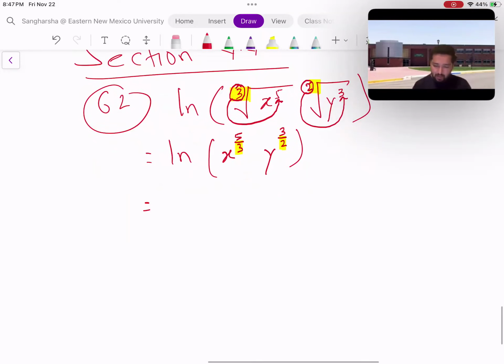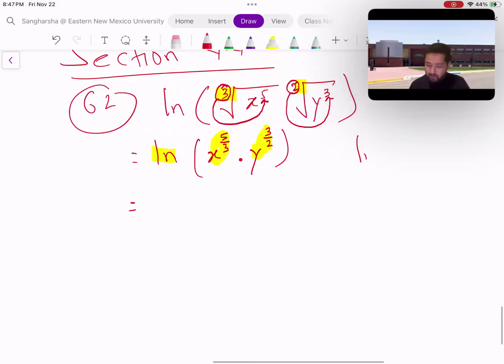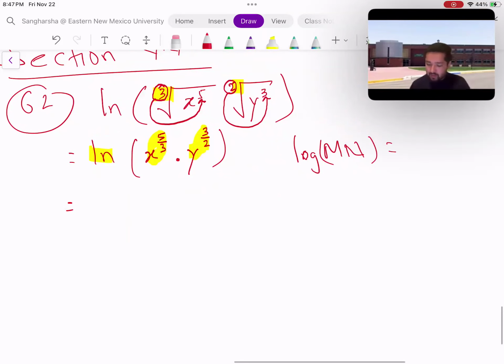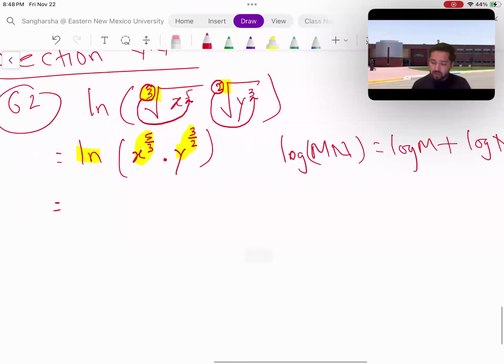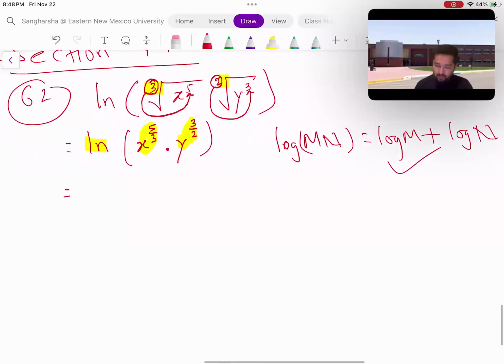Now here we have ln of x to the power 5 over 3 times y to the power 3 over 2. If we have log of m times n, this is the sum of logs: log of m plus log of n, and this formula will be provided to you. So let's use this formula.